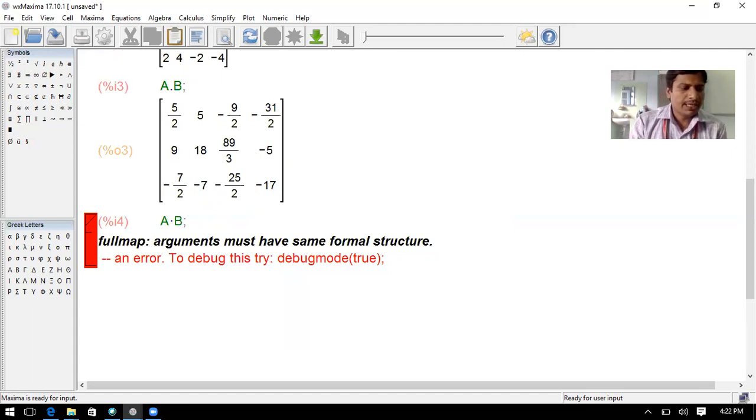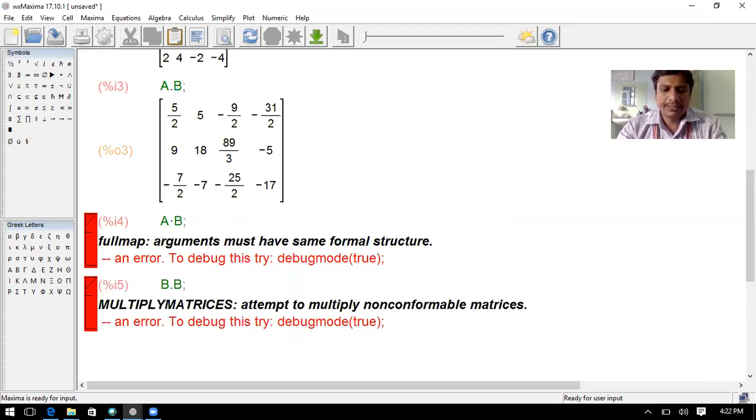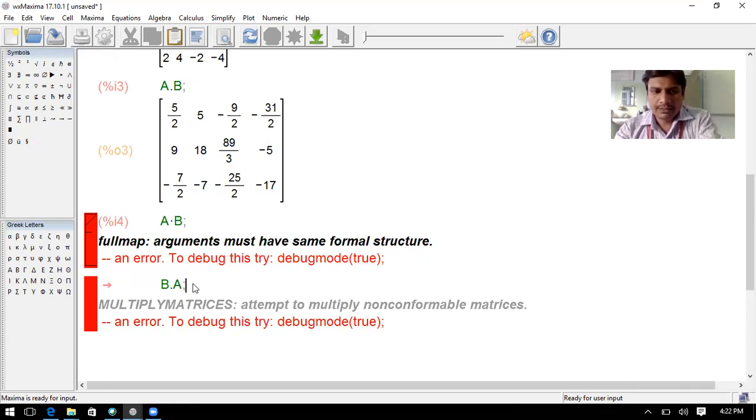Next go to B dot of A, then semicolon, shift enter. This is also not correct.